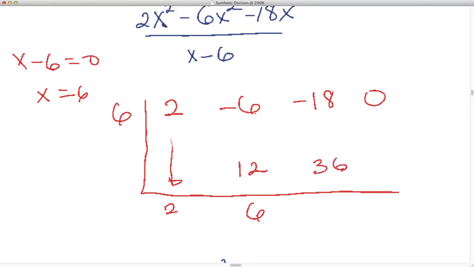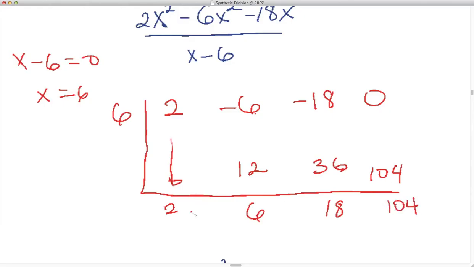And then when I add, we get 18, and then 6 times 18 goes over here, and you add it together, and that's your remainder.